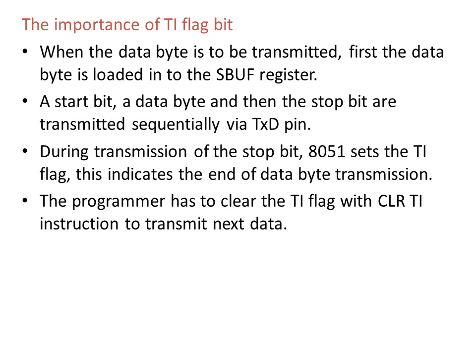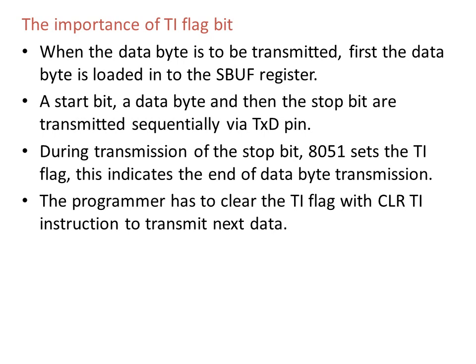The programmer has to clear the TI flag, that is TI equals 0, with the CLR TI instruction. So we can use the CLR TI instruction for clearing the TI flag to transmit the next data. The TI flag bit should be monitored to make sure that the SBUF register is not overwritten. So this is very important.